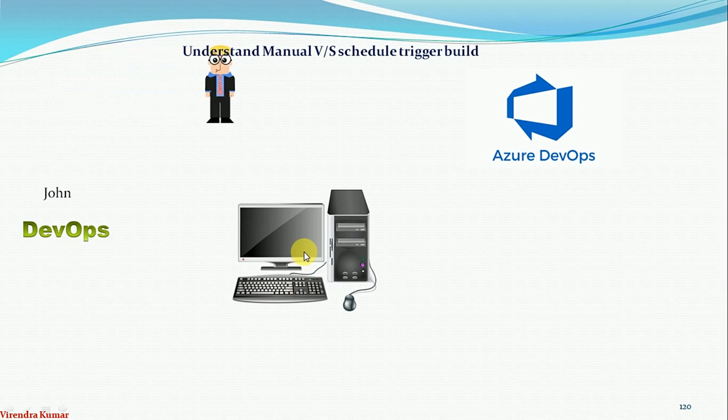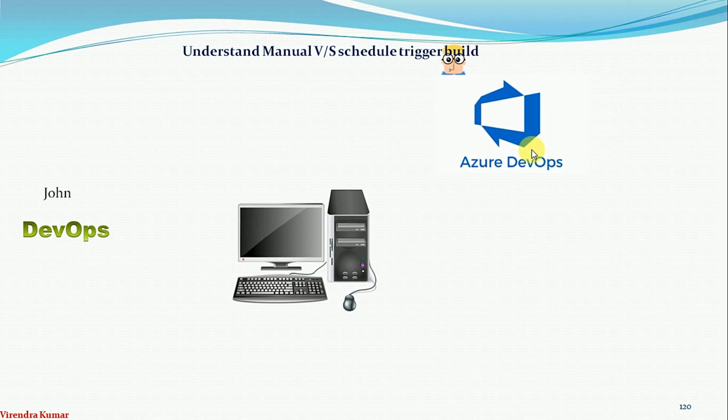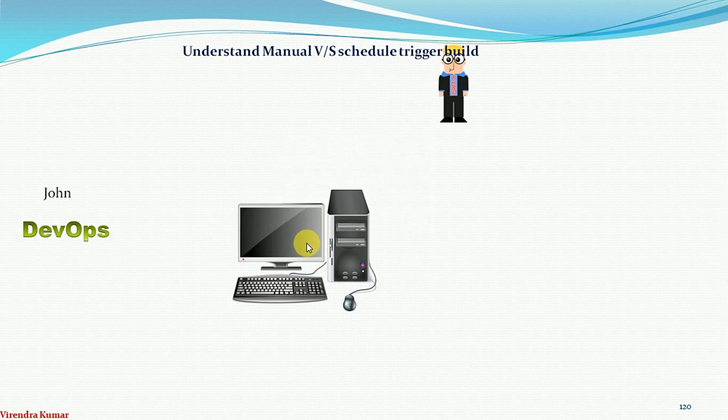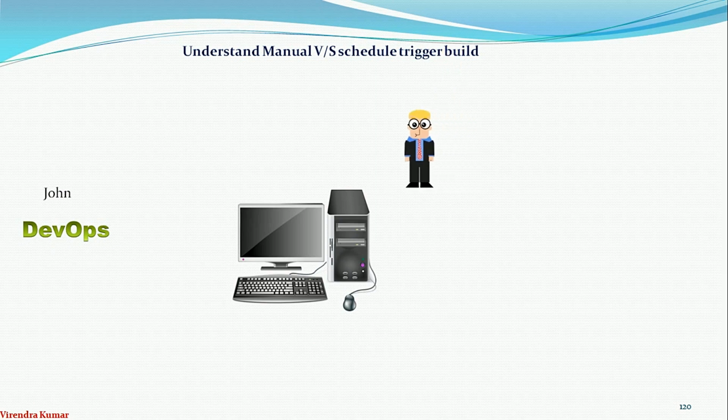So John goes to Azure DevOps and sets it up. Once Azure DevOps is configured, he has created the Azure DevOps account. Now he is able to create the CI/CD pipelines on this system.